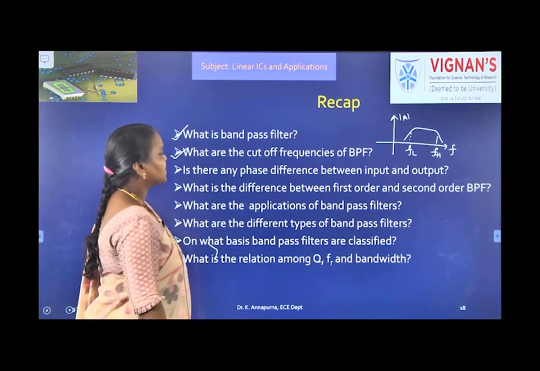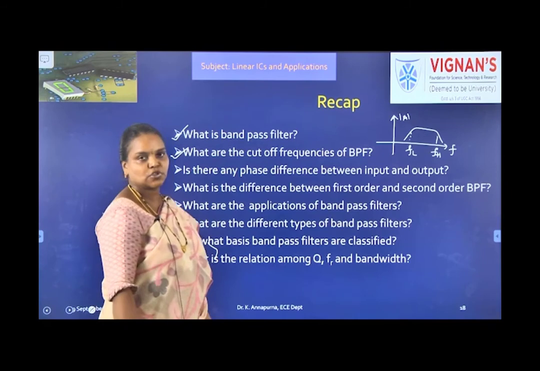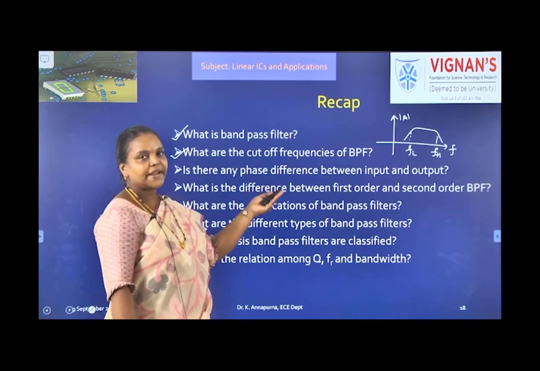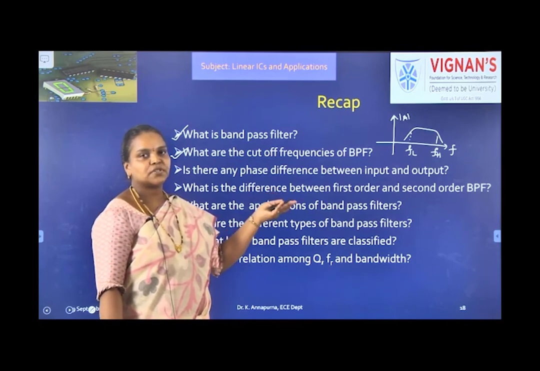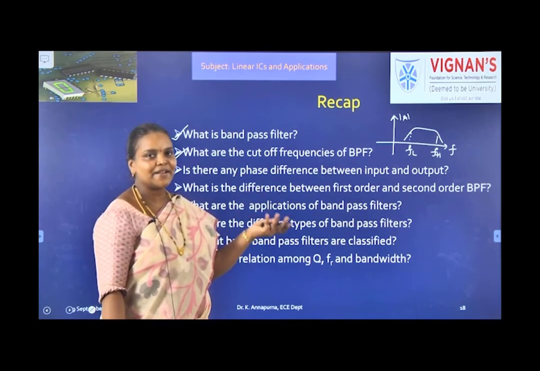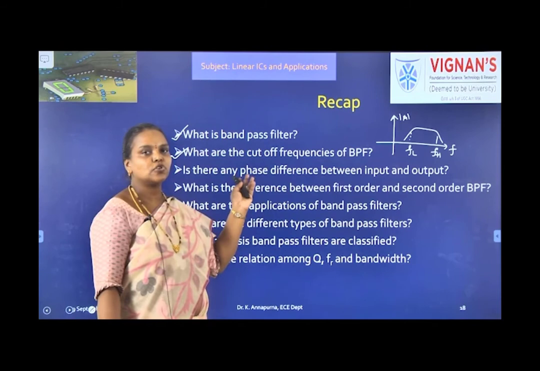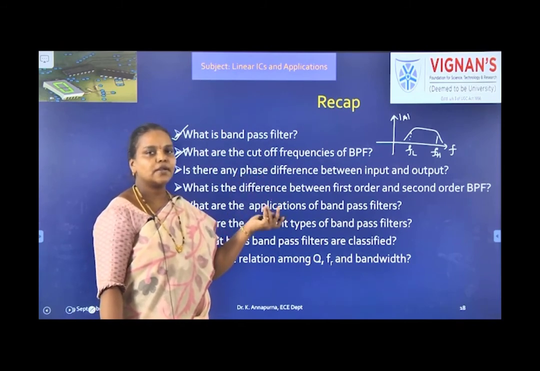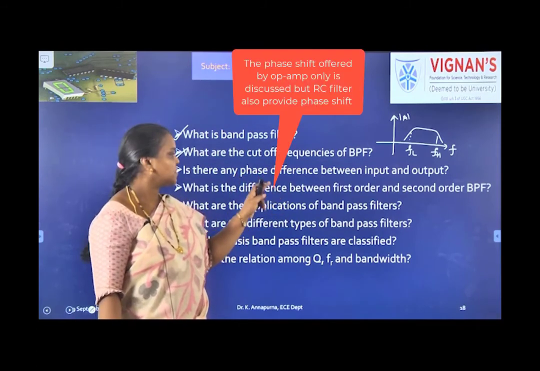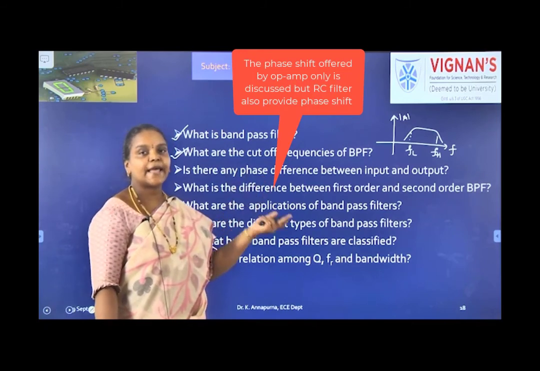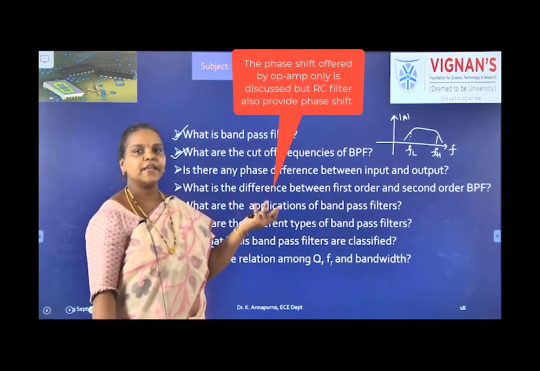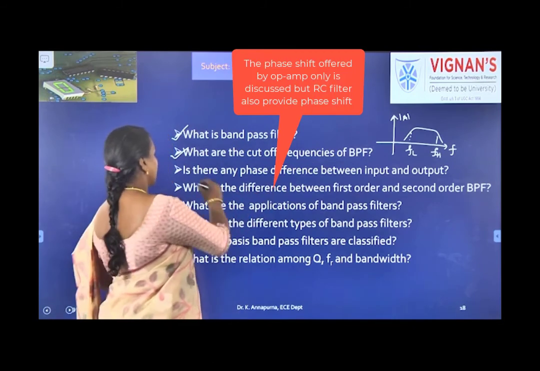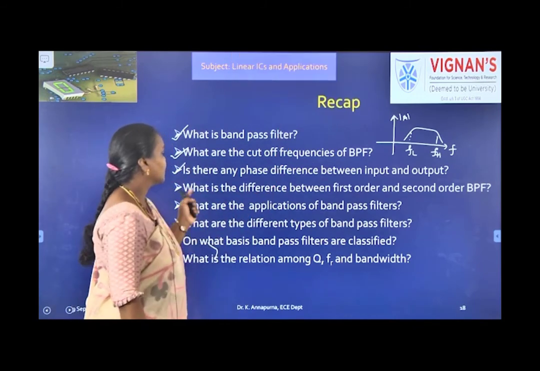Is there any phase difference between input and output? If you operate in non-inverting mode, there is no phase shift. For example, in the wide band pass, we operated both low pass and high pass in non-inverting mode, so there is no phase shift. But in the narrow band pass, we gave the input to the inverting pin, so there will be 180 degrees phase shift between input and output.